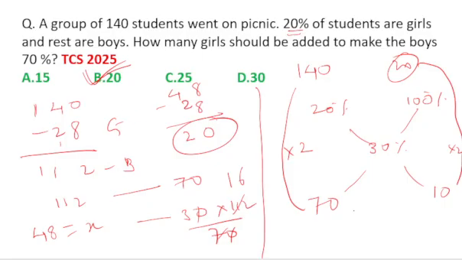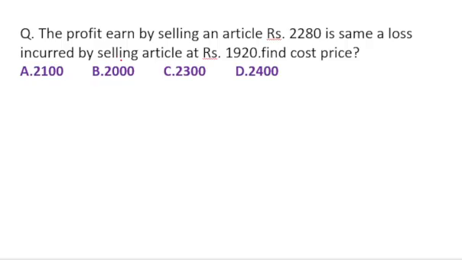Next question is, a profit made by selling an article at rupees 2280 is the same as the loss incurred by selling the article at 1920. Find the cost price. If this is the cost price, and he sells at 2280, how much profit does he get?